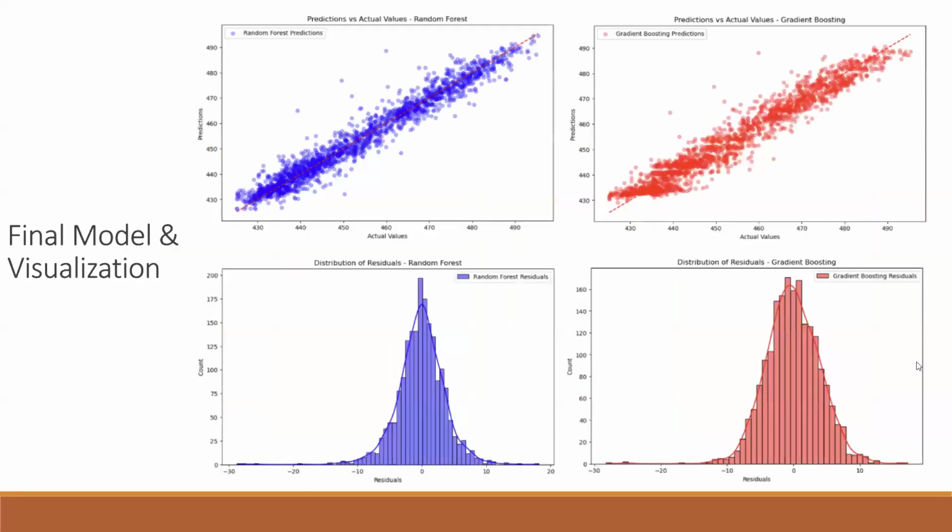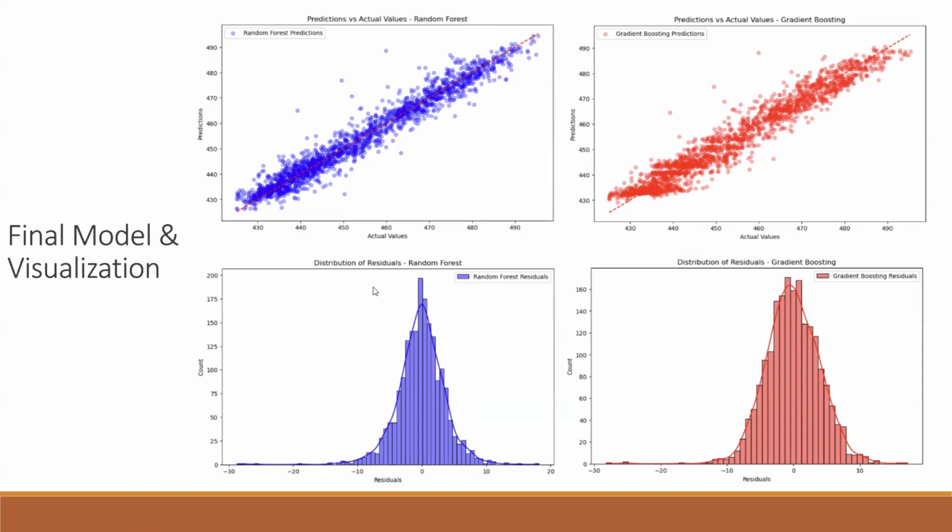So I've tried to do a quick visualization of the data, considering the actual values and the predicted values. You can see the random forest that is in blue over here. It fits almost nicely, I would say, to the actual values, and the predicted value fits in kind of perfectly.